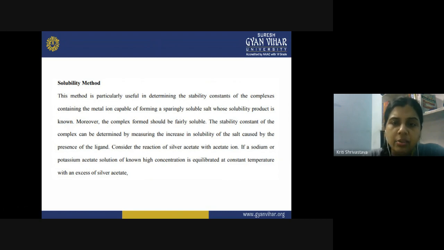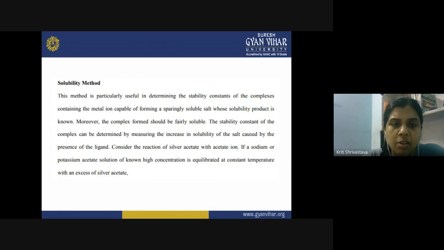So in that case only you can identify the stability constant of such complex. Moreover, the complex formed should be fairly soluble. So the same metal ion should form a sparingly soluble salt, for which you should know the solubility product, and it should also form a complex which is fairly soluble. So when both the conditions are met, you can now determine the stability constant.